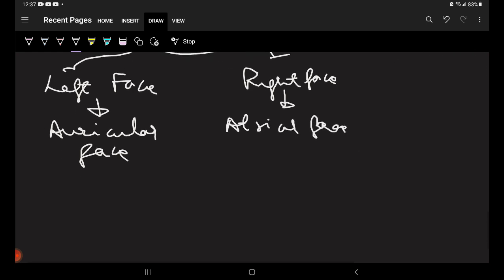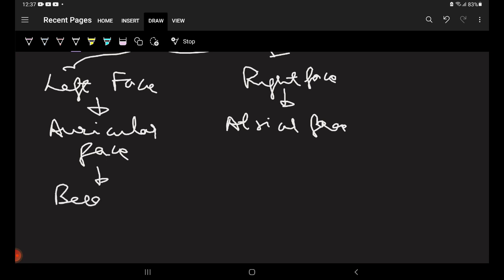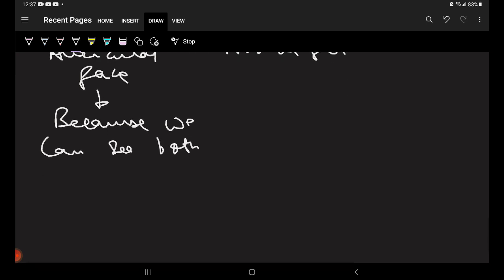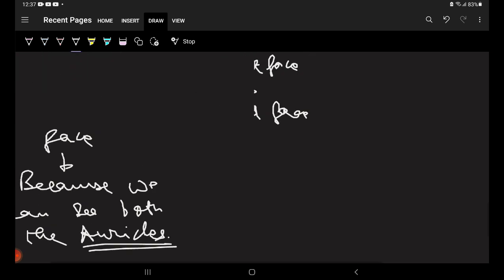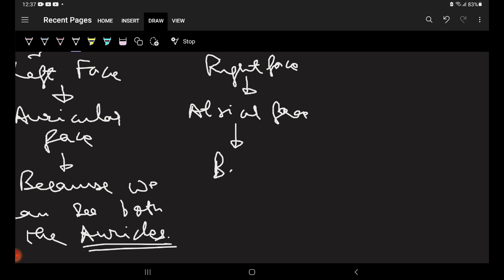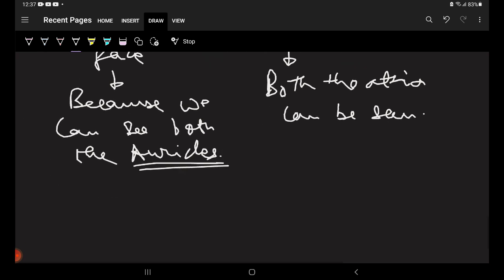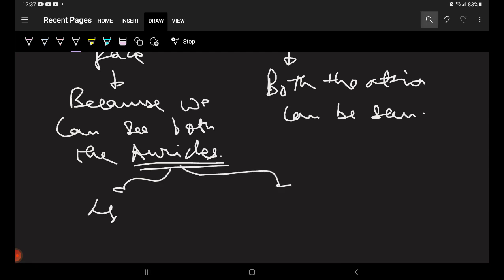Why auricular face? Because we can see both the auricles. And why atrial? Because we can see both the atria. Now what are the names of the auricles? Left auricle and right auricle.